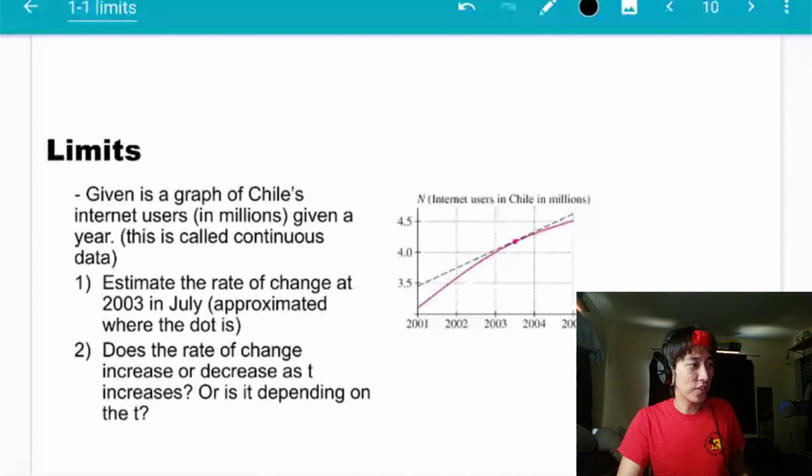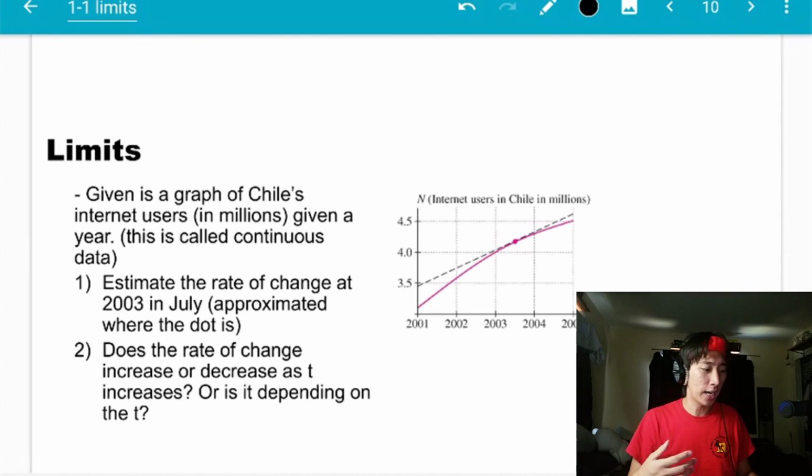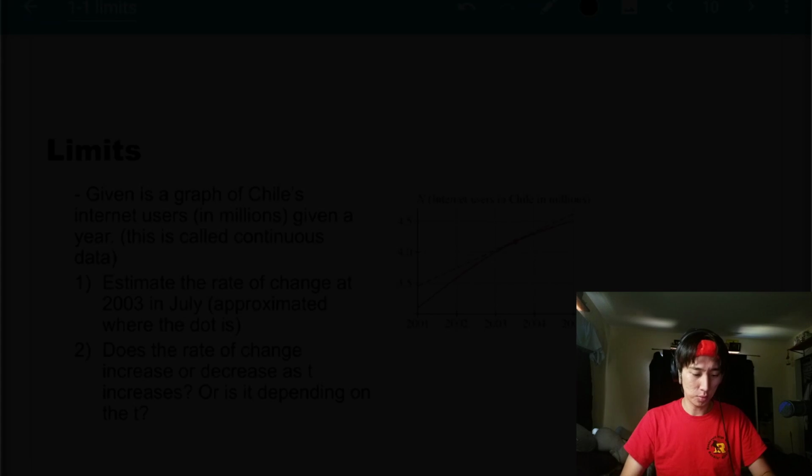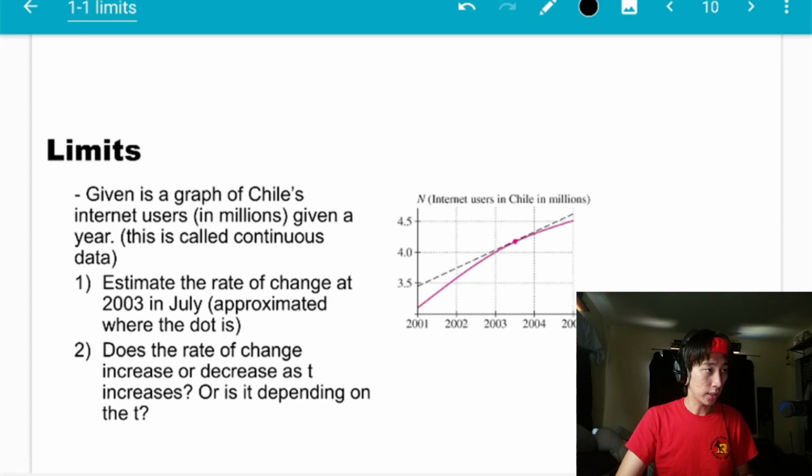So again, once you have your answers, then have one person type it and be prepared to explain. So you're gonna verbally explain it. I'm gonna call on you, and you can verbally explain it.